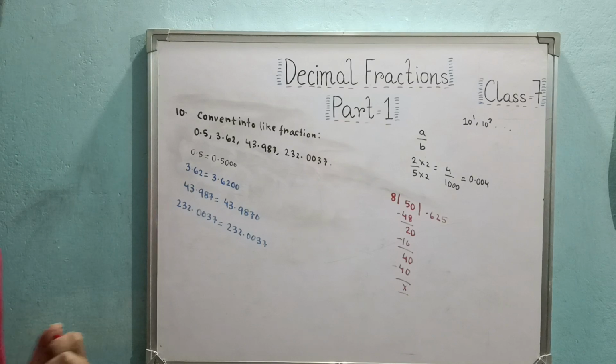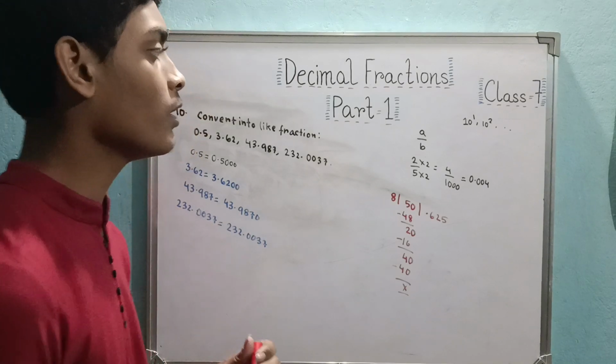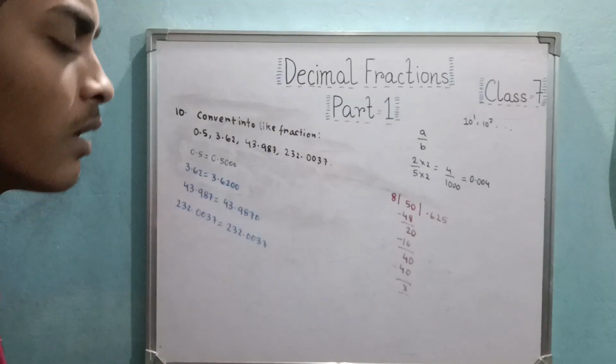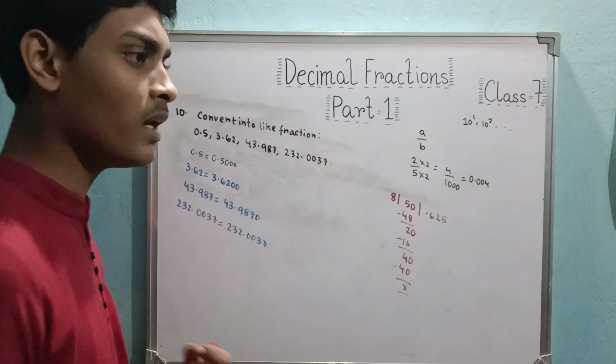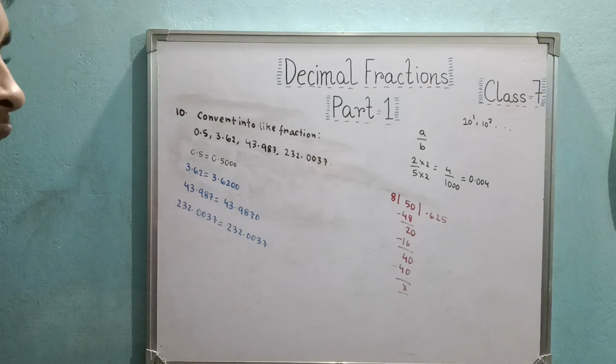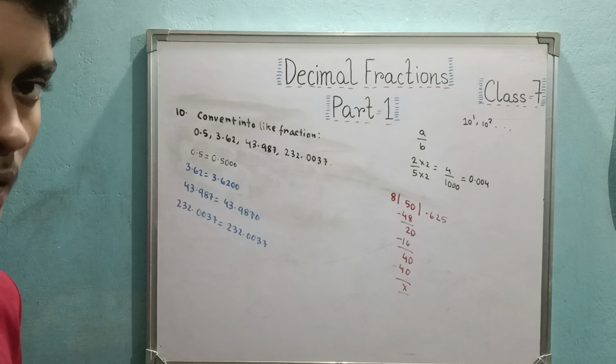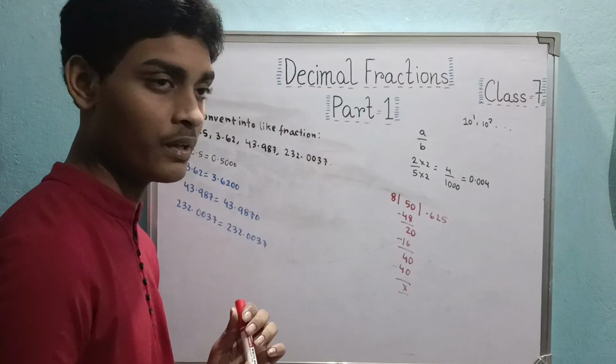We also learned the 10 power denominator method, and we learned that after the decimal point, if a number is there or 2 to 3 numbers are there, but at the end only zeros are there, then those zeros are neglected as decimal places. Only those numbers at the beginning after the decimal point are considered as decimal places.